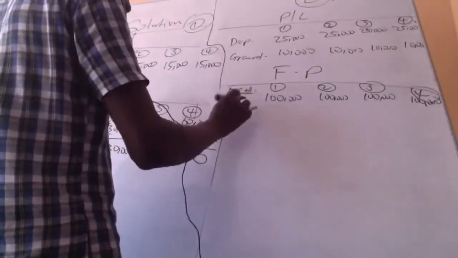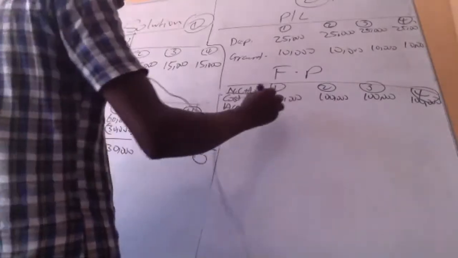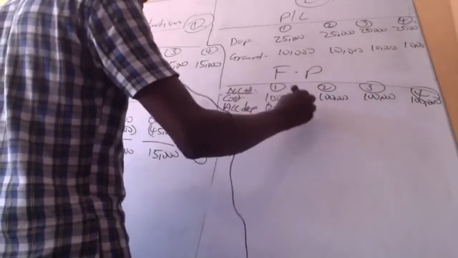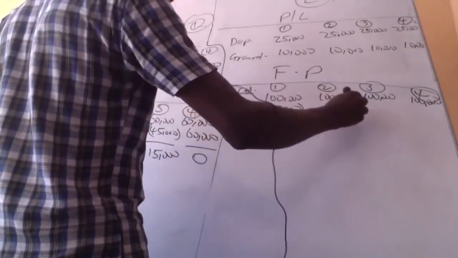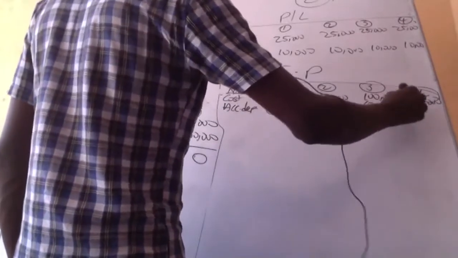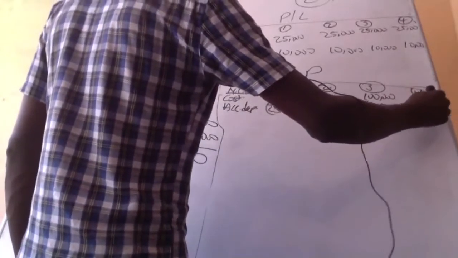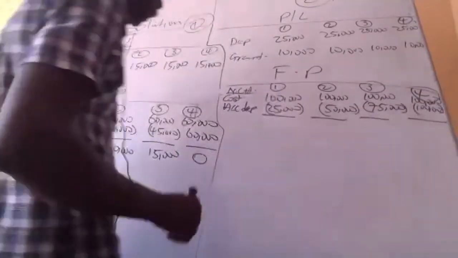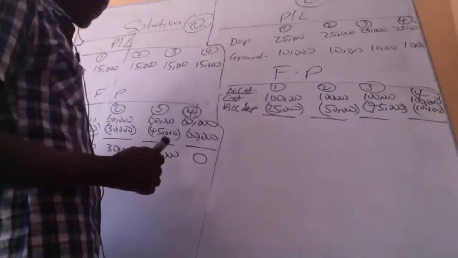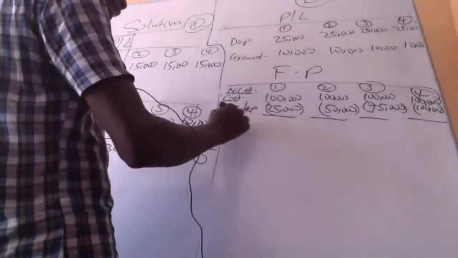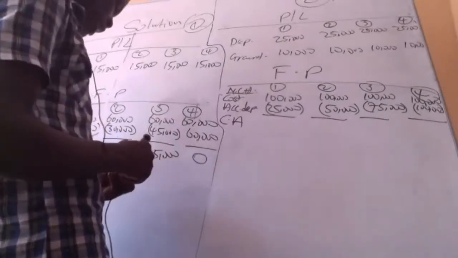ACCDEP. So here will be what? 25,000 each year. So 25,000, 50,000, 75,000. Good. And 100,000. Okay, so good. Next, the carrying amount of the asset. C for carrying amount, not chartered accountant.